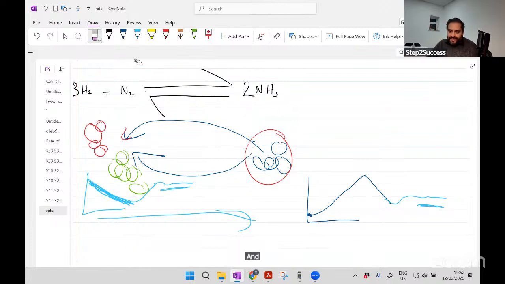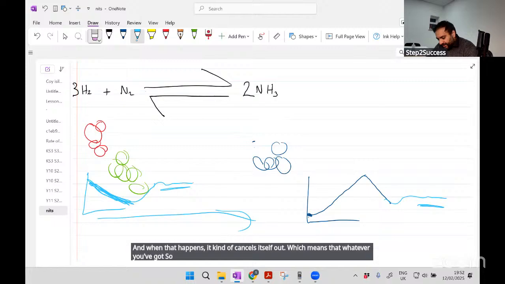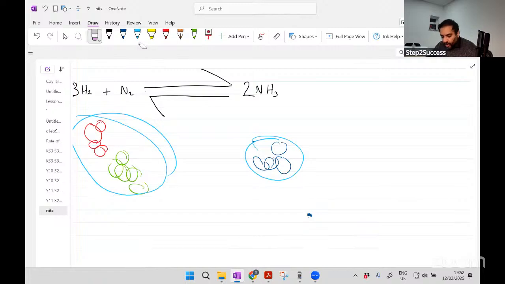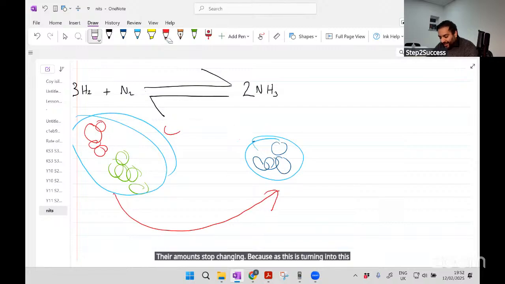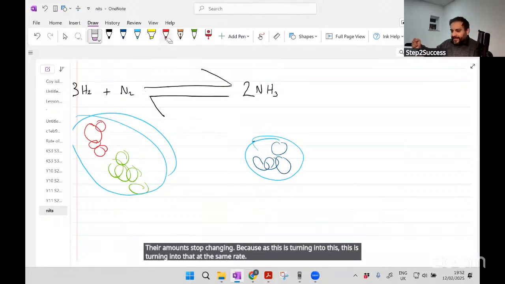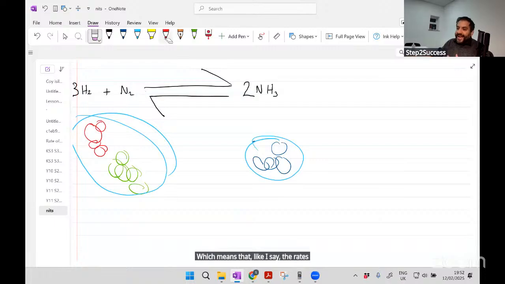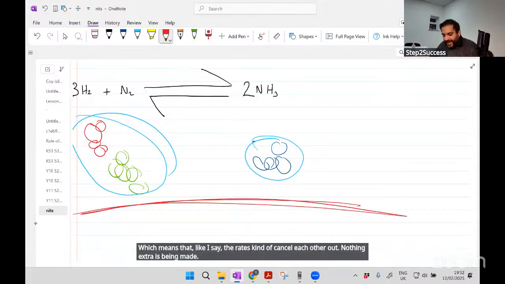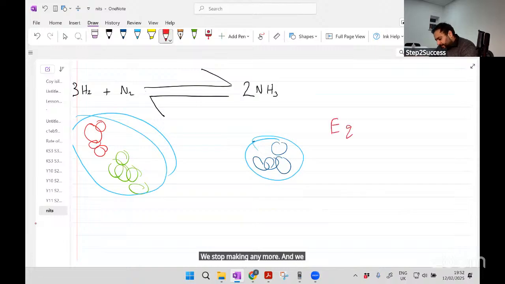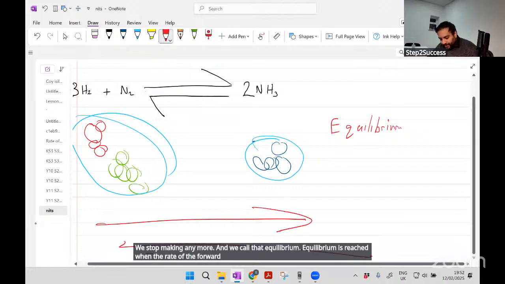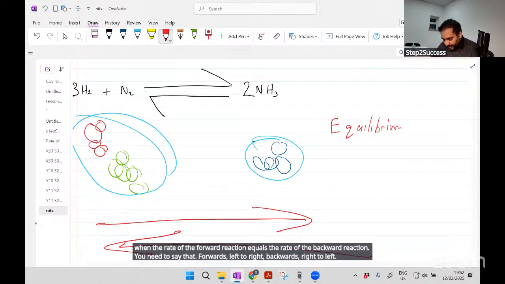When that happens, it cancels itself out, which means that whatever you've got, if I've got this much ammonia and this much nitrogen and hydrogen, their amounts stop changing, because the rates cancel each other out. Nothing extra is being made. We stop making any more, and we call that equilibrium. Equilibrium is reached when the rate of the forward reaction equals the rate of the backward reaction. You need to say that. Forwards is left to right, backwards is right to left, like English.